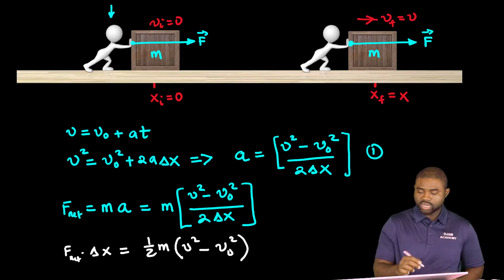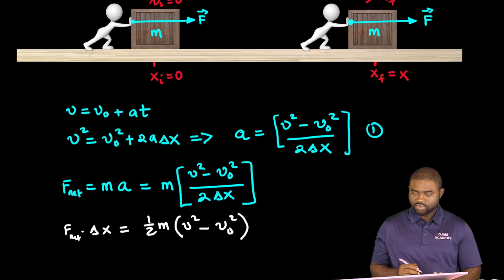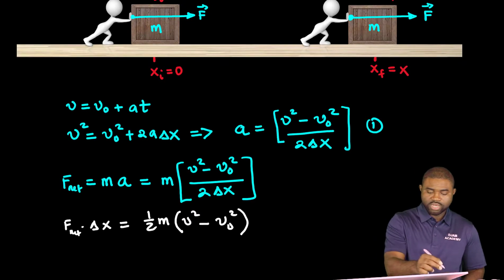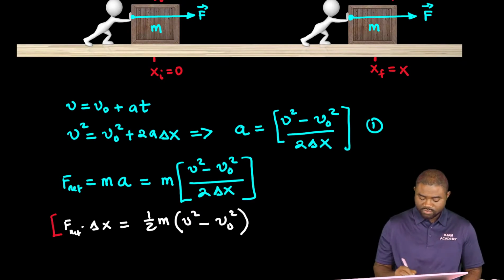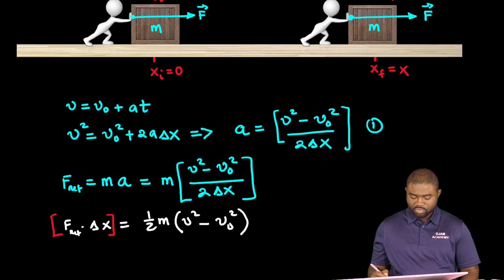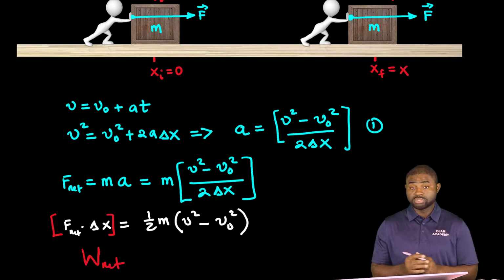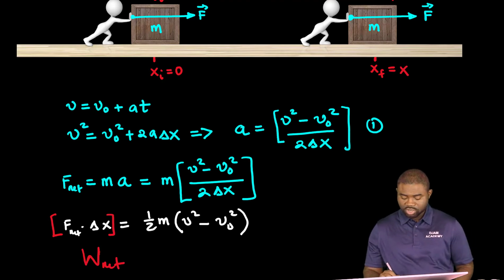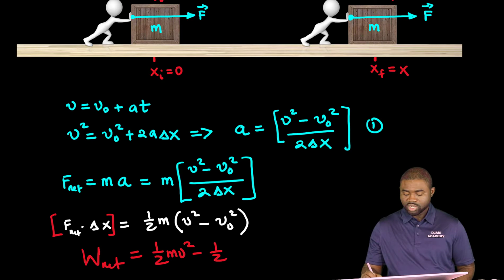Now the question I want to ask you is, what is F net multiplied by delta x? This simply represents the net work done. In other words, it represents the total work done on the object. And the total work done on the object is equal to 1/2 mv squared minus 1/2 mv0 squared.